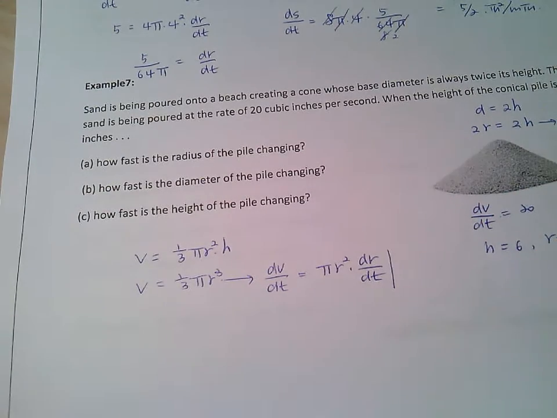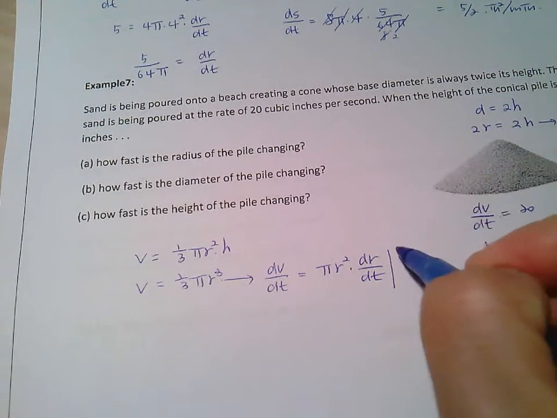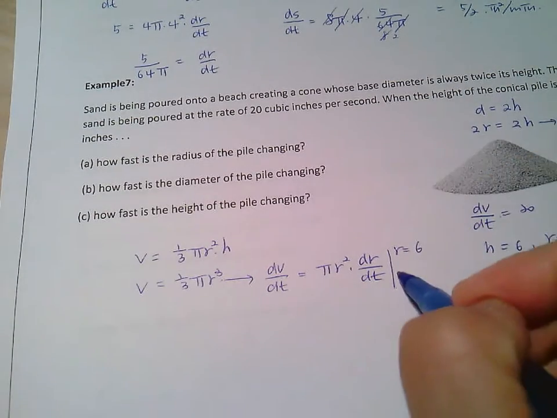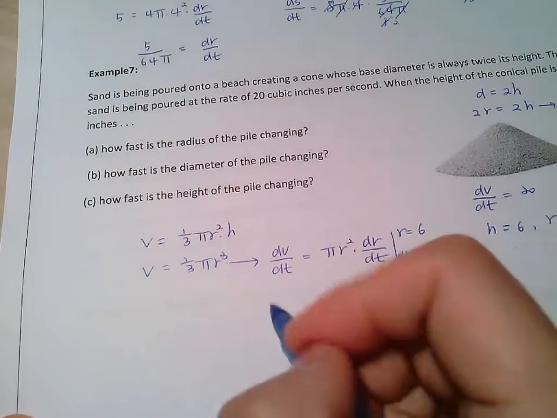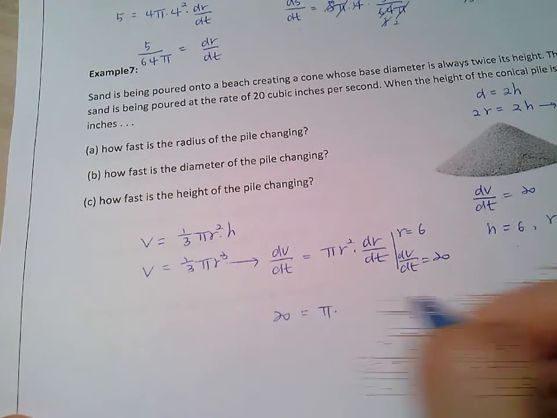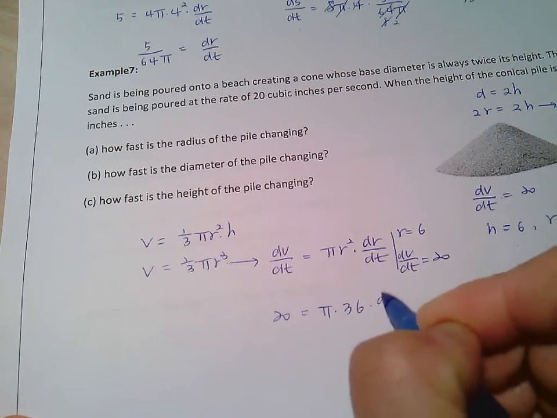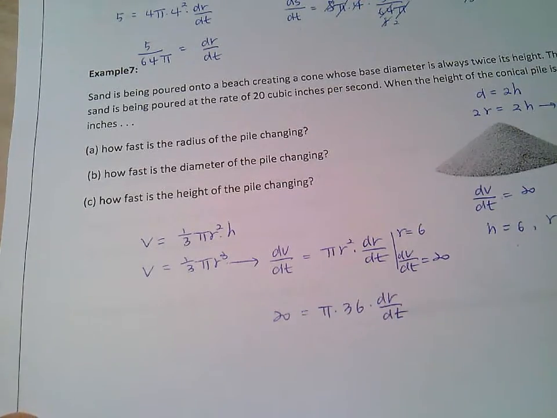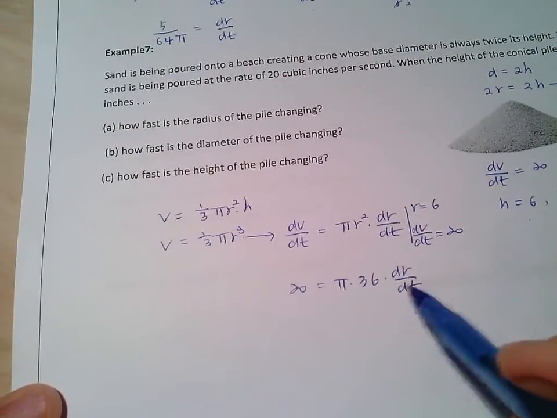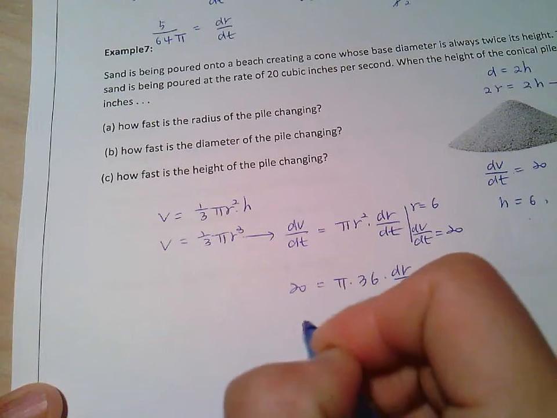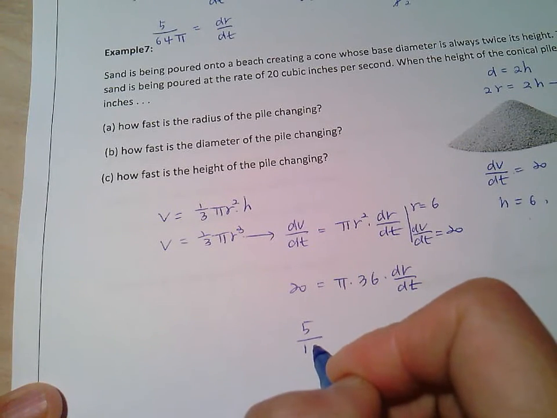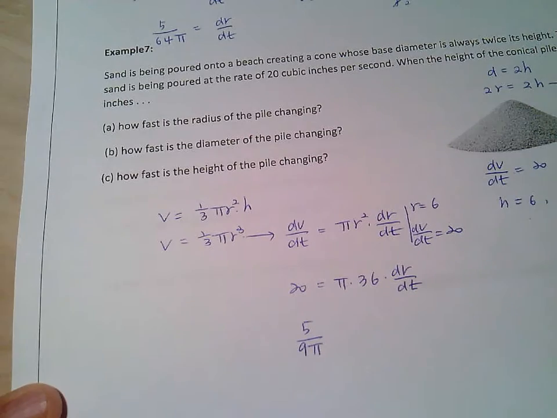Now let's plug in everything. Since the height is 6, the radius is also 6, and dV over dt is 20. So 20 equals pi times radius squared, 36, times dr over dt. Now divide each side by 36 pi, which is 5 over 9 pi.